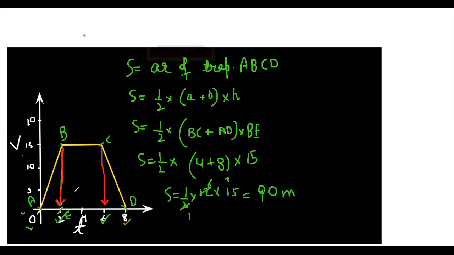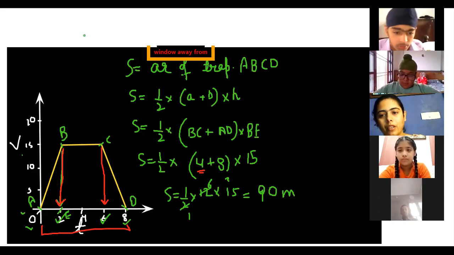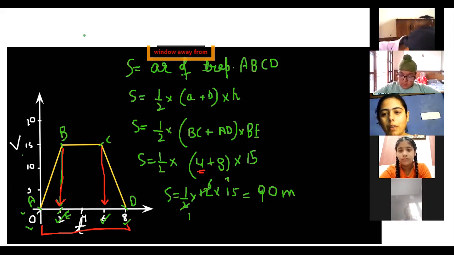It is 6. So what is 6 minus 2? 4. If I talk about AD, AD goes from 0 till 8. So 8 minus 0 is what? It is 8. Fine. So this way we have 4 plus 8, that is 12. Okay, any other doubt, anyone?